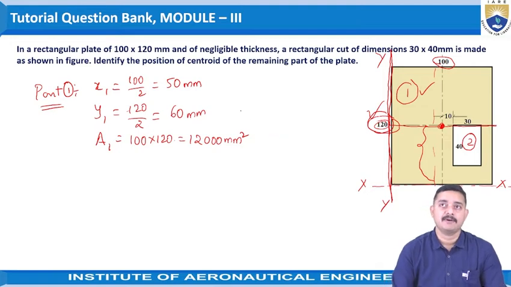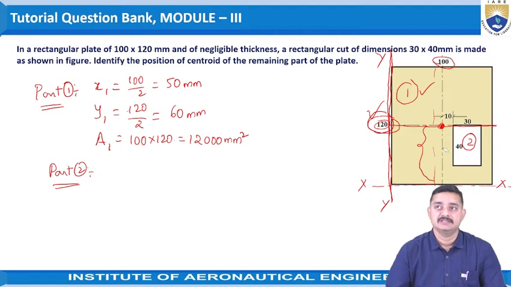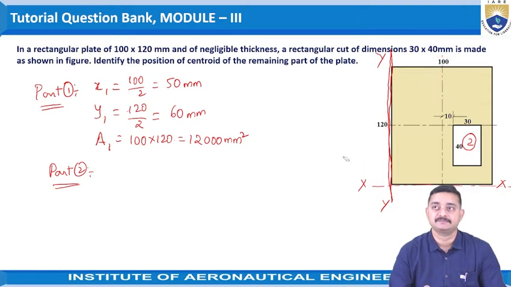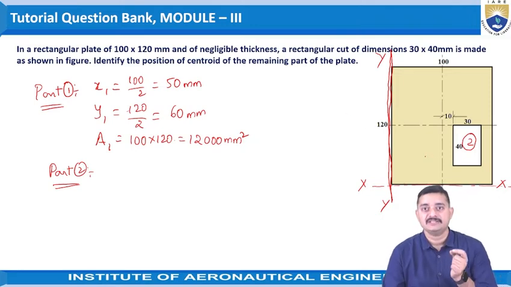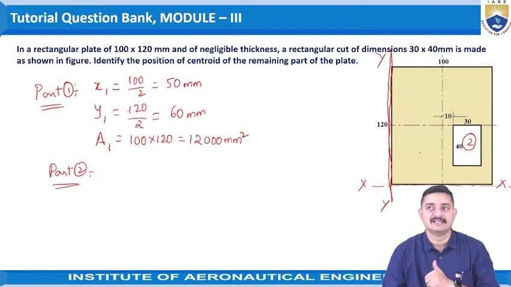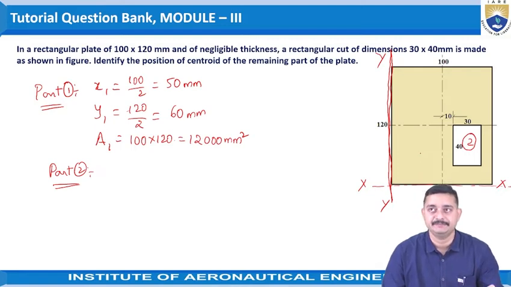Now coming to part 2. The details of part 2 can be taken like this. This part 2 is lying as shown here. Let us first calculate the horizontal and vertical distances of the centroid from the reference axes.